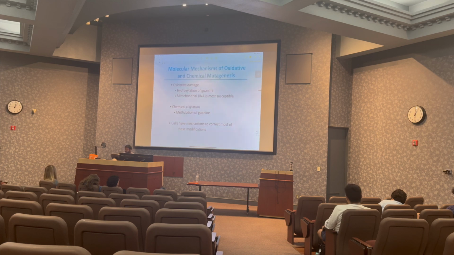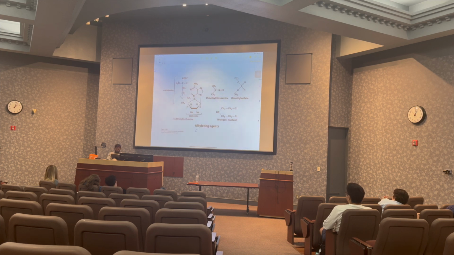The molecular mechanism of oxidative and chemical mutagenesis is how different oxidative agents and chemical alkylation damage the DNA, and the cell has defense mechanisms to protect against the alterations that happen. I don't know whether you have gone through this or not. Alkylating agents are called mutagens, anything that can cause mutations.